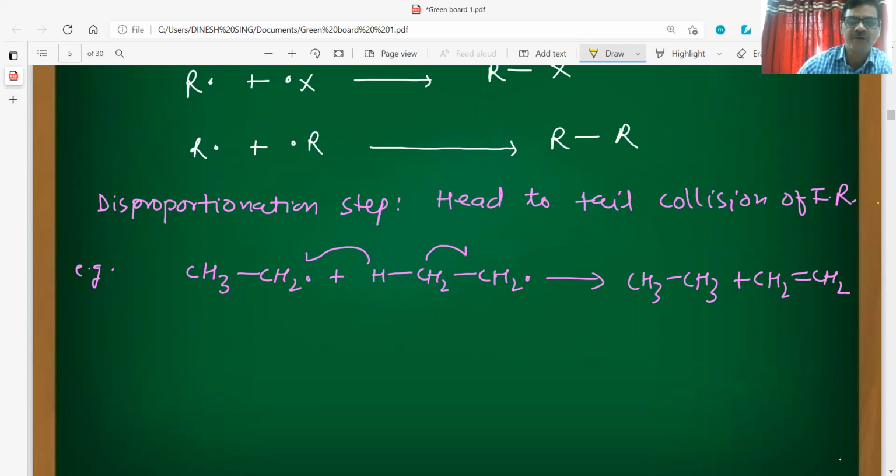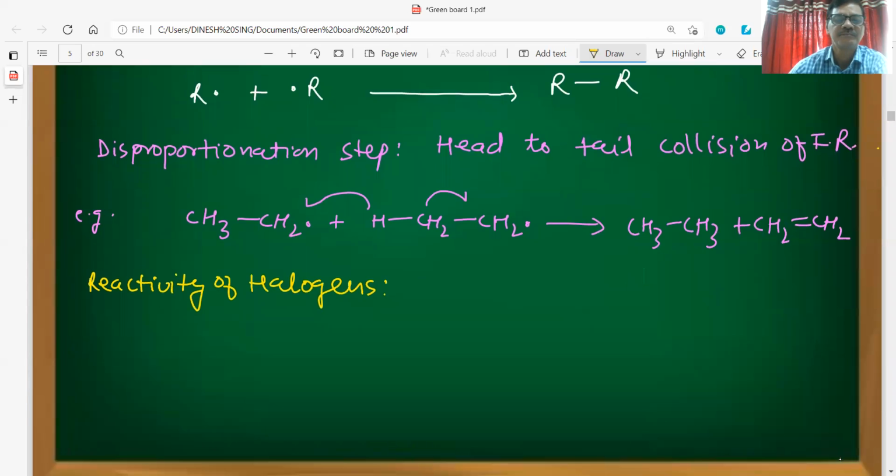Now, if we talk about the reactivity of halogens, here this F2 is more reactive than Cl2, which is more reactive than Br2, and least reactive is I2. In fact, the reaction with I2 is in equilibrium, and equilibrium always lies towards the backward direction.